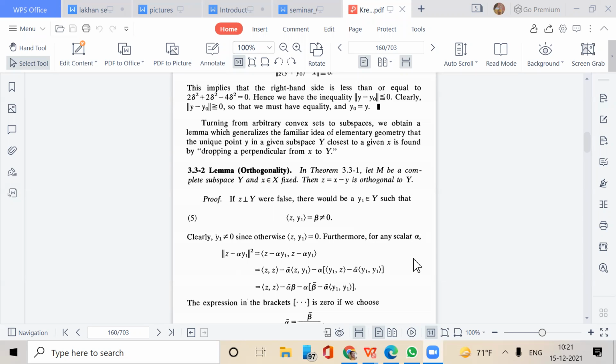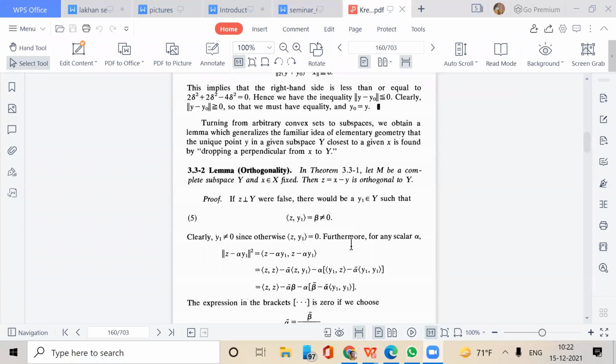Furthermore, for any scalar alpha, consider norm of z minus alpha into y1 whole square is equal to inner product of z minus alpha into y1 comma z minus alpha into y1. This is by definition of norm on inner product space.